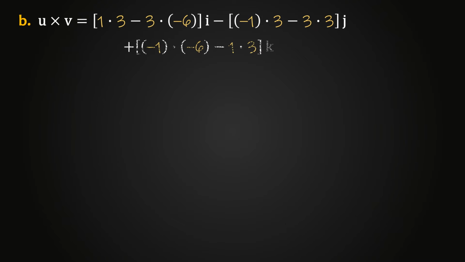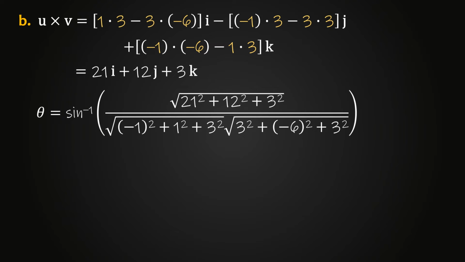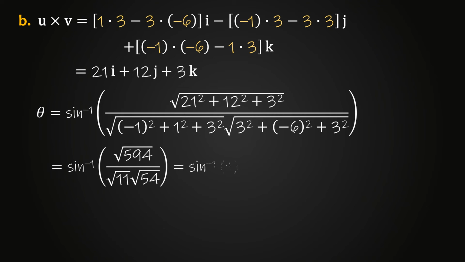B. Compute the cross product of u and v. Use the derived expression for theta. Therefore, theta is pi over 2 radians or 90 degrees, which means u and v are not parallel, specifically, they are perpendicular.